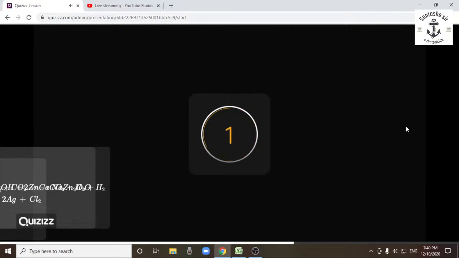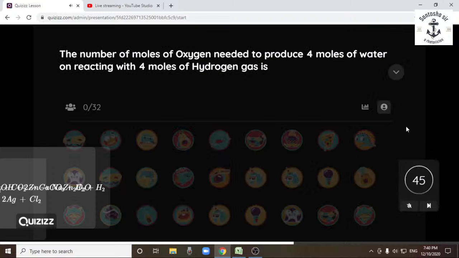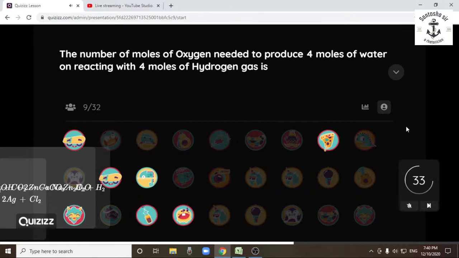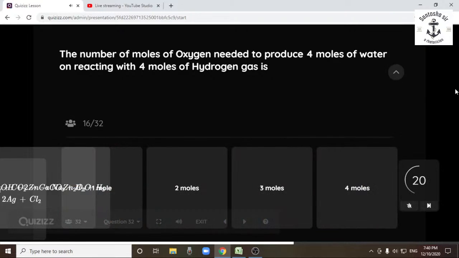Question number 32. Number of moles of oxygen needed to produce 4 moles of water on reacting with 4 moles of hydrogen gas.